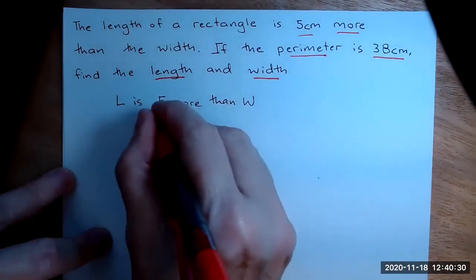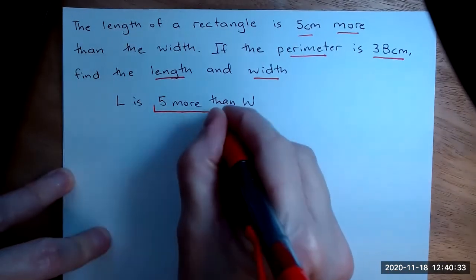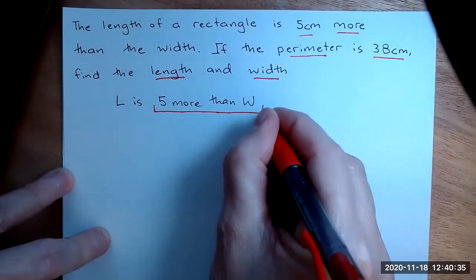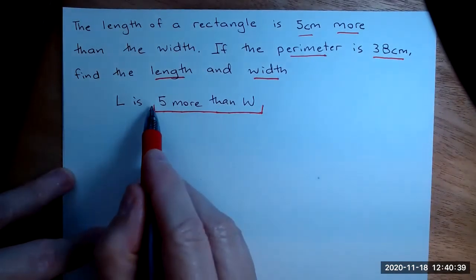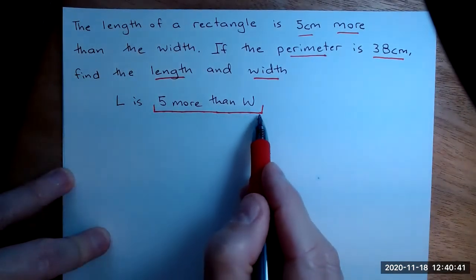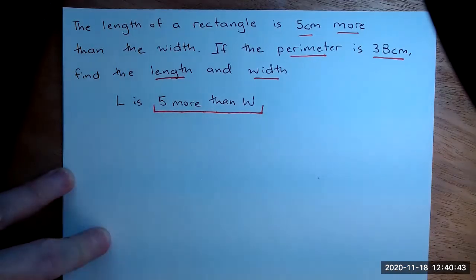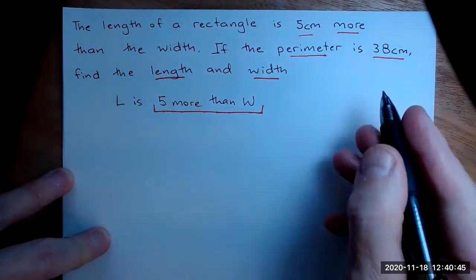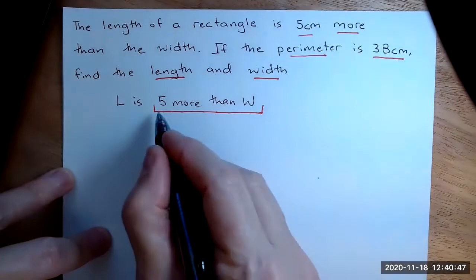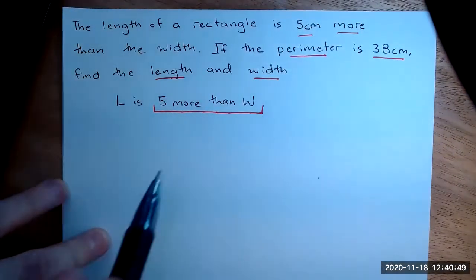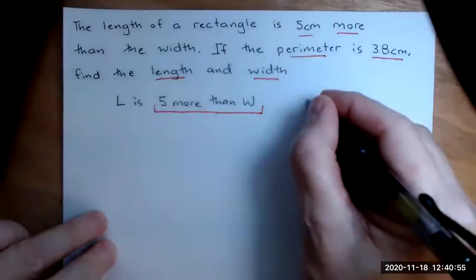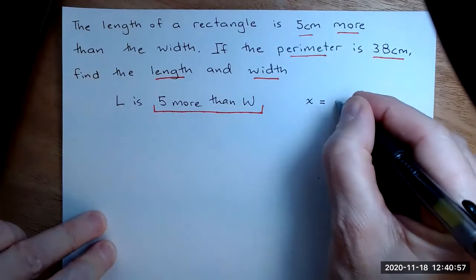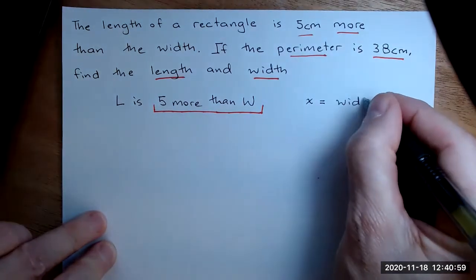And what you might notice here is that we're using the width to describe the length. So the one that's used in the description should be x. So we're using which in the description? If you said width, you would be correct.